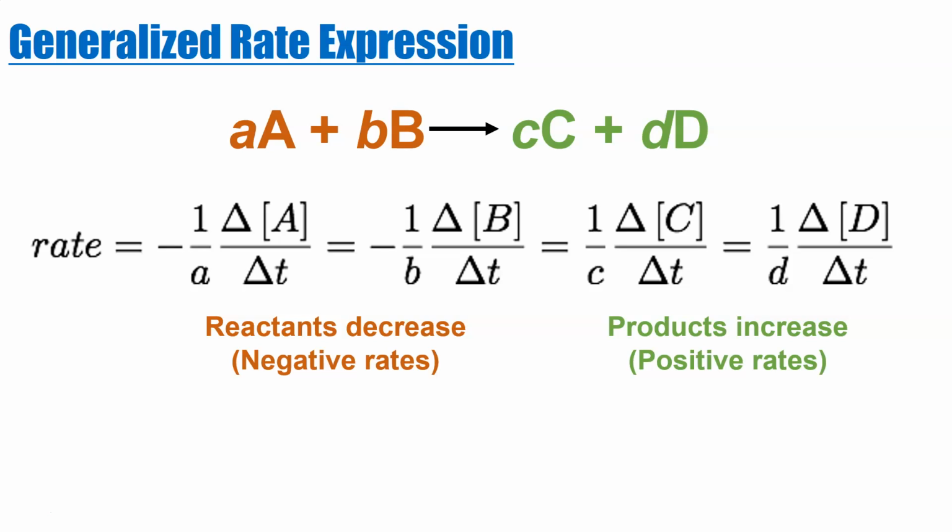Maybe molecule C is a gas and I can collect it as we go. And it's really easy to measure how much is being made as the reaction proceeds. So I want to be able to do my math with whichever chemical will make my life easier. That's why we need an expression that can all be set equal to each other.